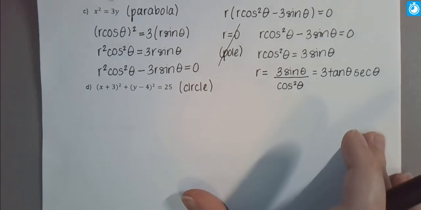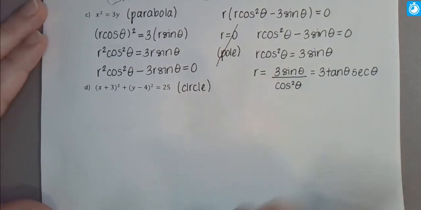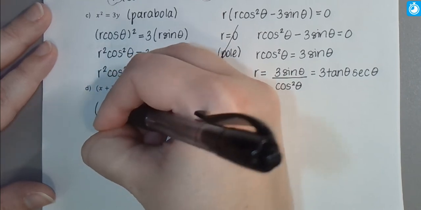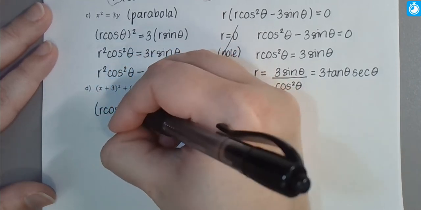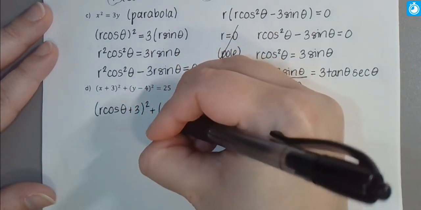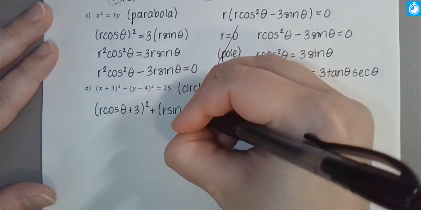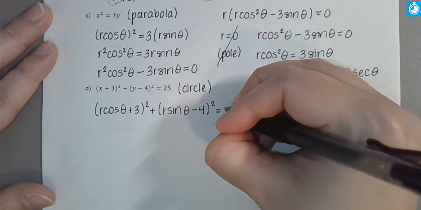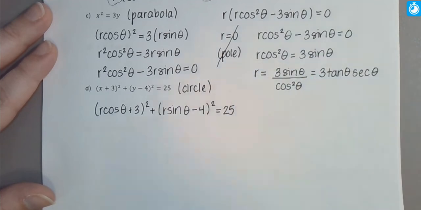So in place of x, we're going to sub our r cosine theta. In place of y, r sine theta. So r cosine theta plus 3 squared plus r sine theta minus 4 squared is equal to 25.